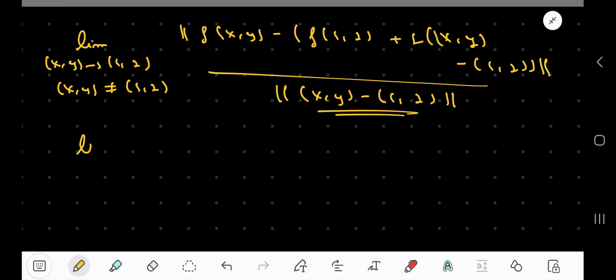So this limit can further be evaluated in this way. Instead of taking the ordered pair (x,y) to (1,2), we can take the ordered pair (a,b) to 0, where a is just x minus 1 and b is just y minus 2.